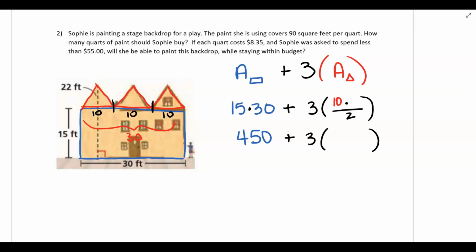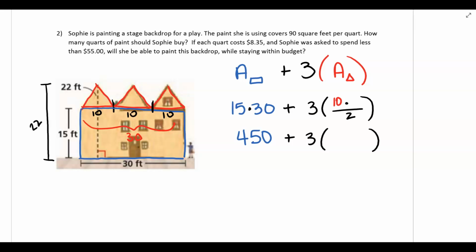And now regarding height, please be careful. That 22 feet is not only the height of the triangle, that 22 feet is the height of the entire backdrop. Right, I'm going to erase some stuff here so you can see that. See, the 22 feet is the entire backdrop, not just the triangle.